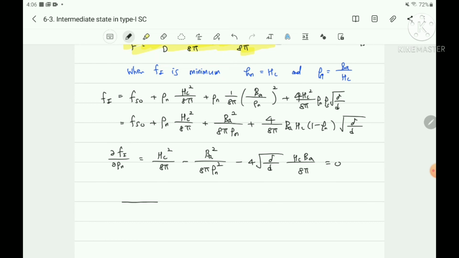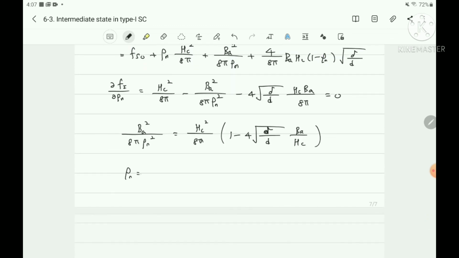Then Ba square over 8 pi rho n square should have Hc square over 8 pi times 1 minus 4 square root delta over D Ba over Hc.